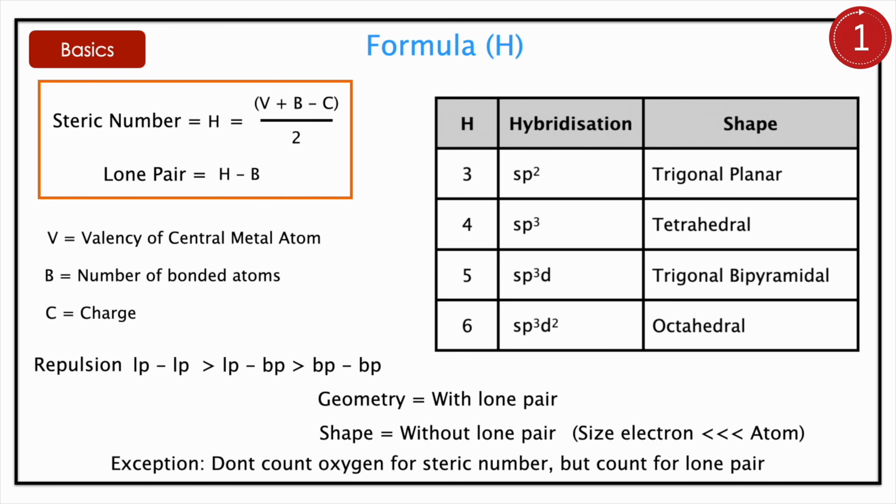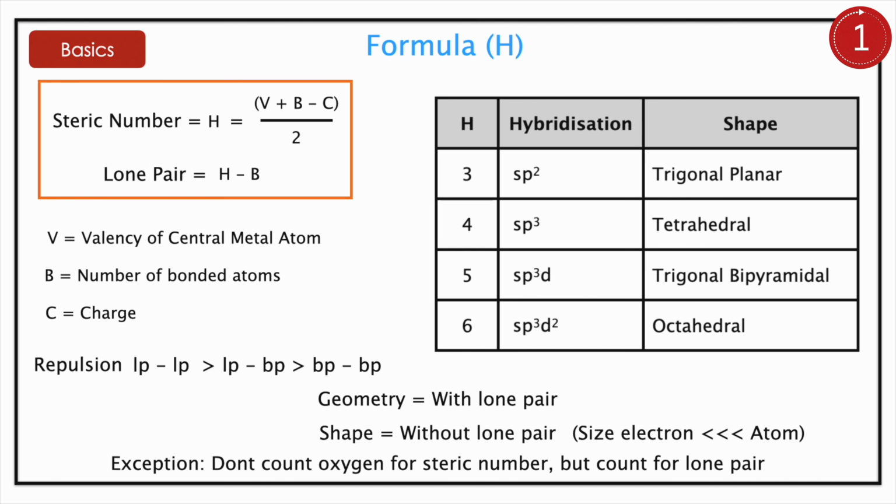Now we are getting into the real formula. To find the hybridization, you should know the steric number. Basically, it comes from VSEPR theory, which we call H. H is 3 means sp2, 4 means sp3, 5 means sp3d, 6 means sp3d2.